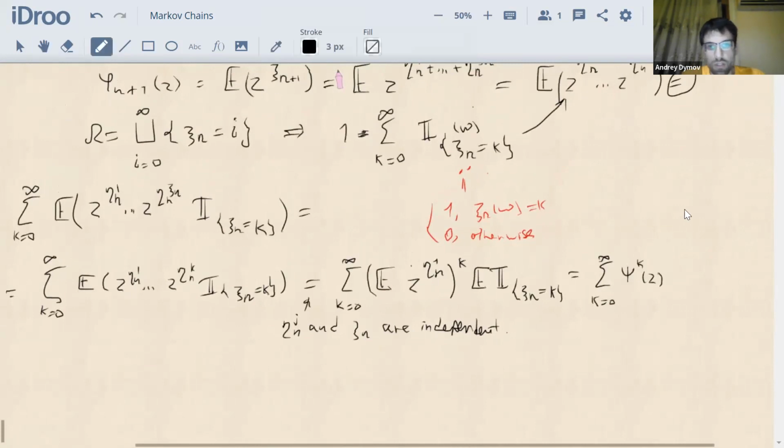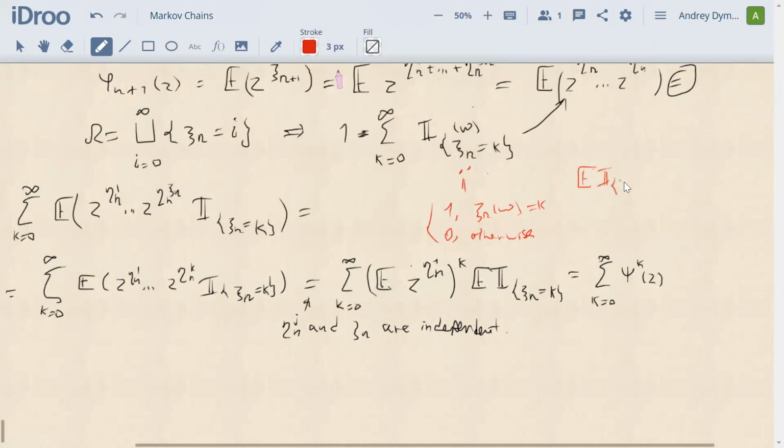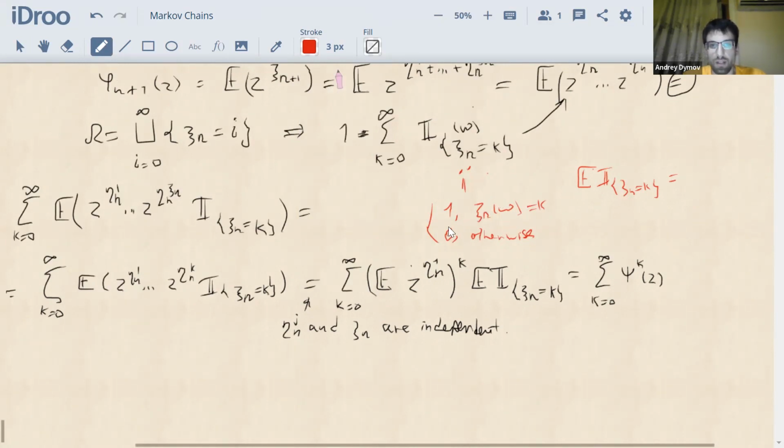What is actually the expectation of the indicator function? Can you say? It's the probability that psi n equals k. Yeah, exactly. Because this guy equals one when psi n equals k, and 0 otherwise. Then I multiply 1 by the probability of this event, and I get exactly the probability that psi n equals k.